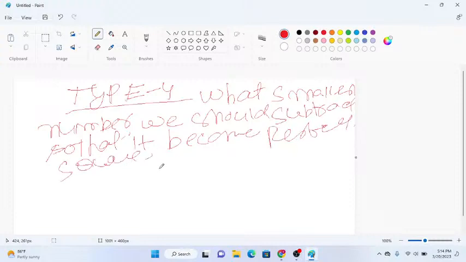So you can write in your notebook: type number 4, what is the smallest number we should subtract so that it becomes a perfect square. So now we are taking an example.